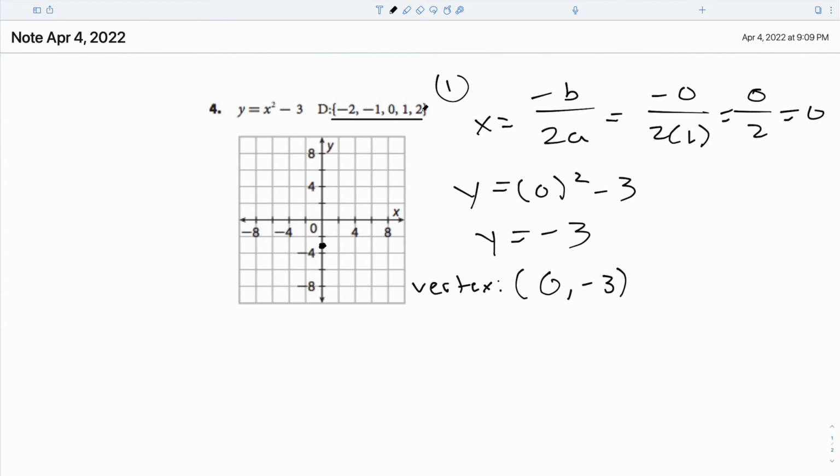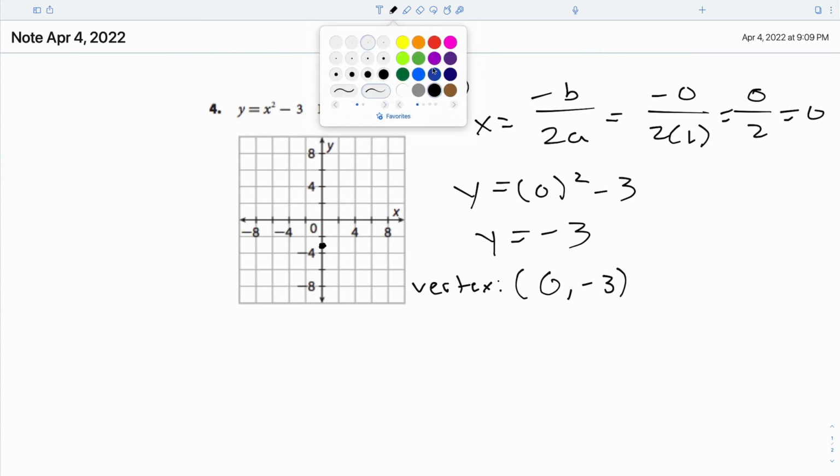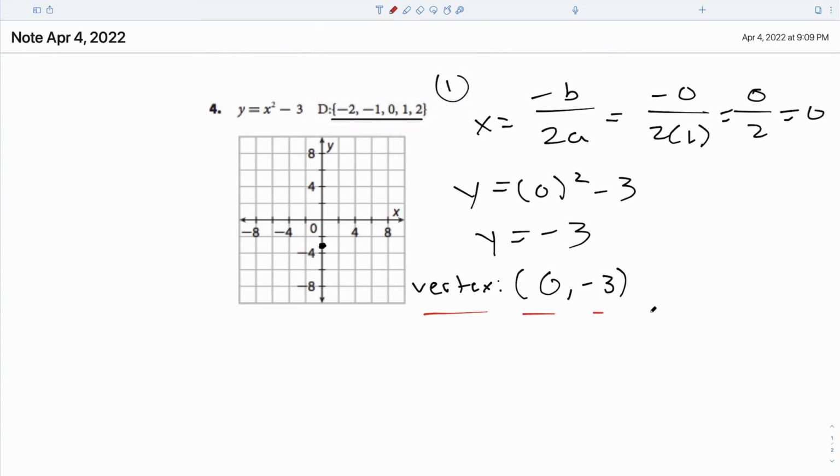Okay, so now that you have the vertex, you're going to pick one point, and they give you values of x to use. So I'm going to use the 1 first. So when x is equal to 1, let's draw in our line of symmetry. And when x is equal to 1, what happens?